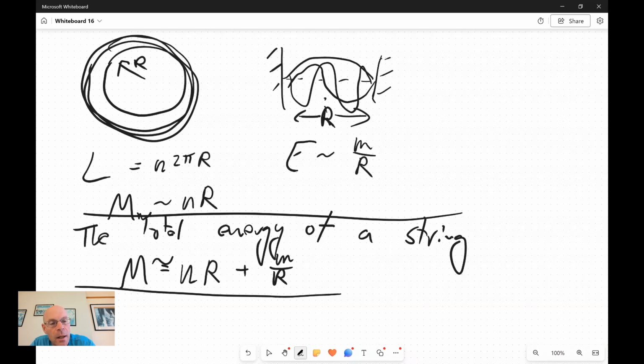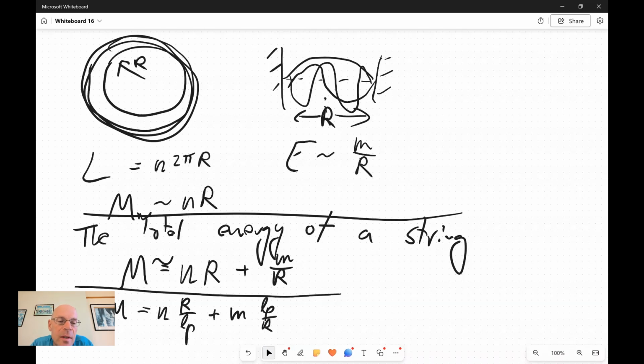So L Planck times m, this is a dimensionless quantity, is like m r over the Planck length plus m L Planck over r.